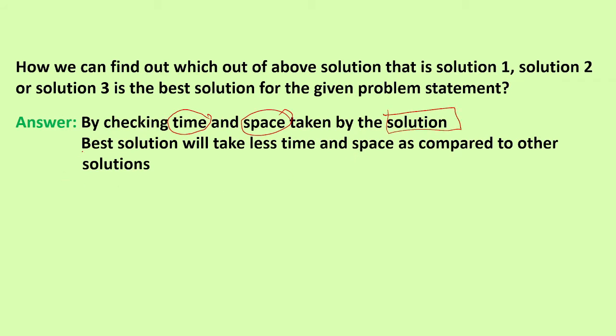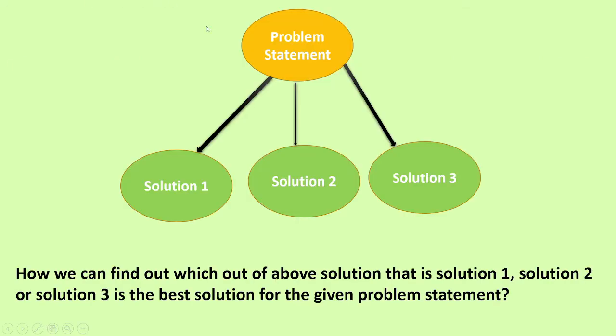Whichever solution gives the answer in less time and space is considered the best solution. So we need to consider time and space in order to find the best solution from the multiple solutions possible for one given problem statement.